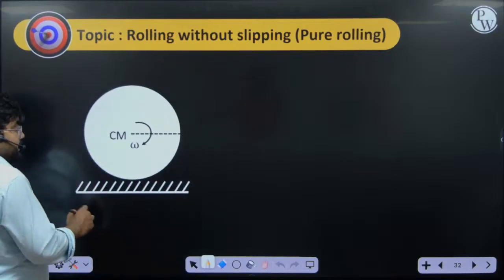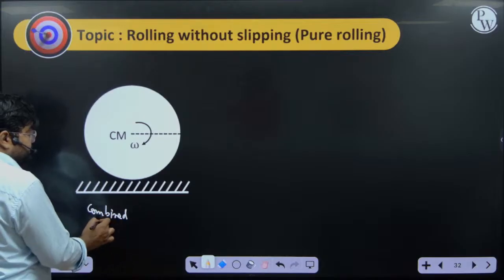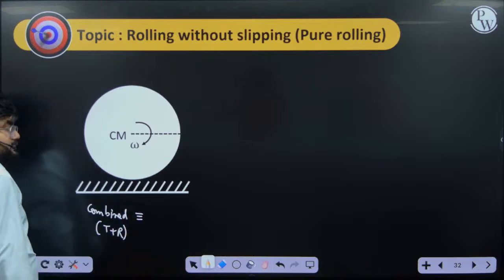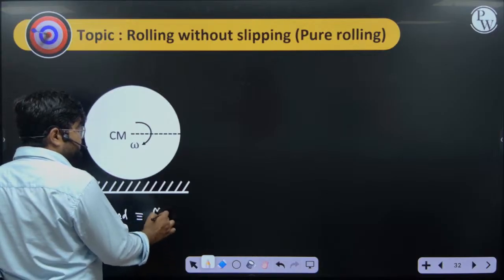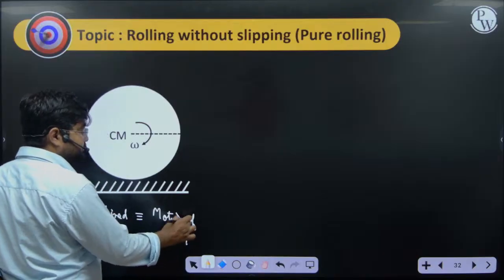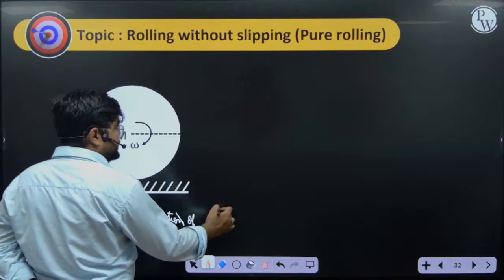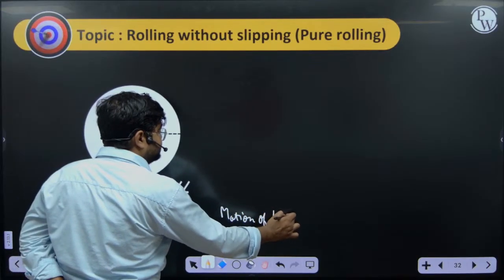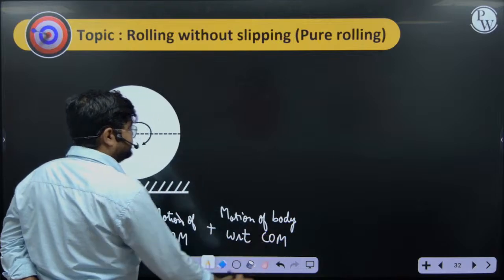So, to analyze a body under combined translational plus rotational motion, we need to analyze the body's motion in two parts. First, we need to see the motion of the center of mass, and then superimpose the motion of the body with respect to the center of mass.